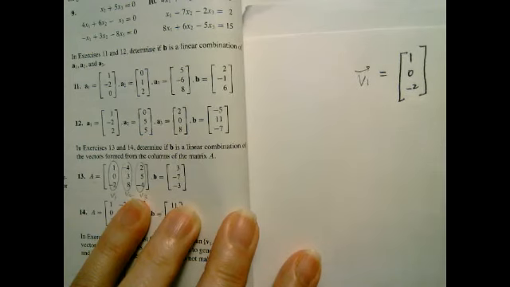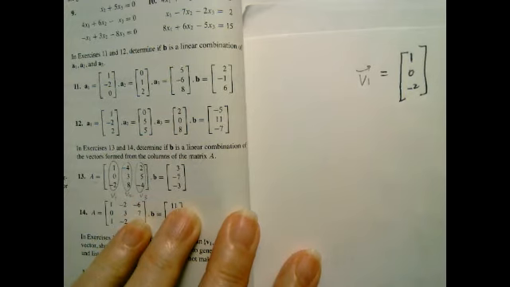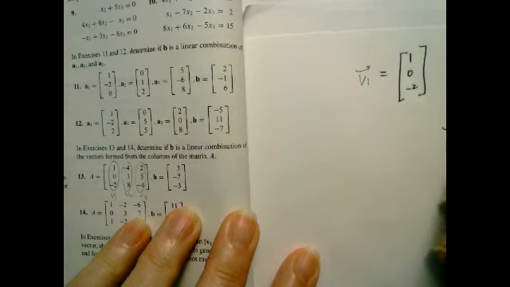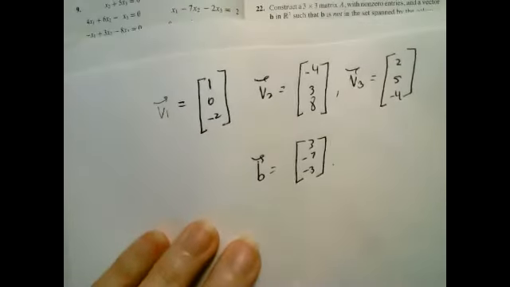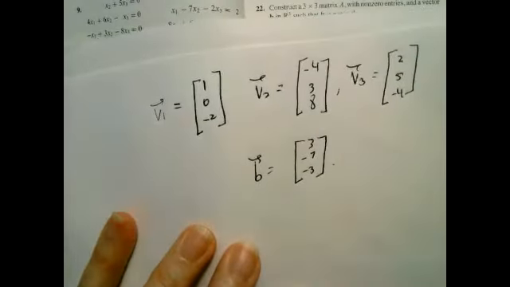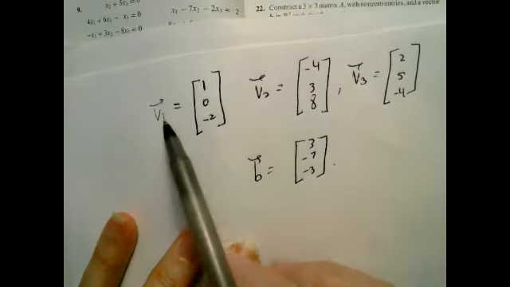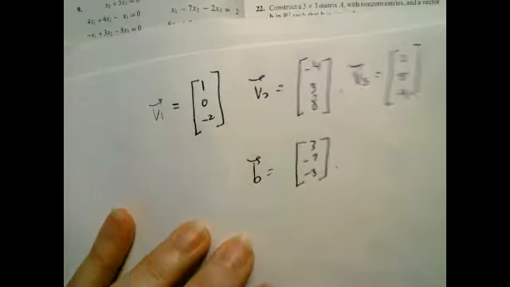V2 is minus 4, 3, 8. And V3 is 2, 5, minus 4. And B is 3, minus 7, minus 3. Tell me when you don't see. Okay, and the question is basically, is B a combination of V1, V2, and V3?